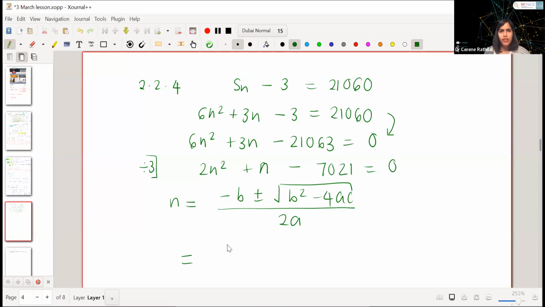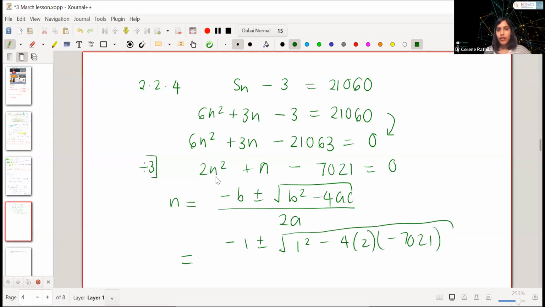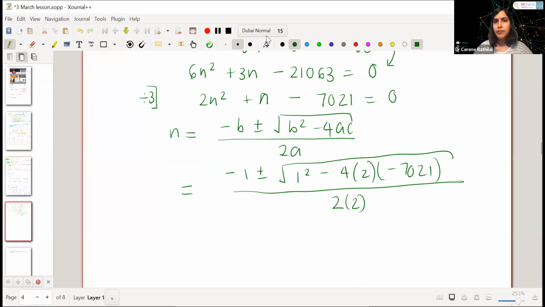Okay, so then it's -1 plus minus the square root of 1 squared minus 4 into 2 into minus 7,021. Do you all agree with what I've written down? I've pulled out the a, the b, and that's my c, and I'm dividing by 2 times a, which is 2 times 2. What values do you get for n?